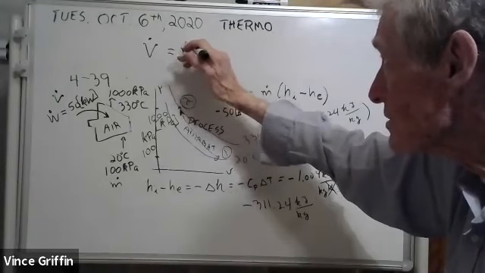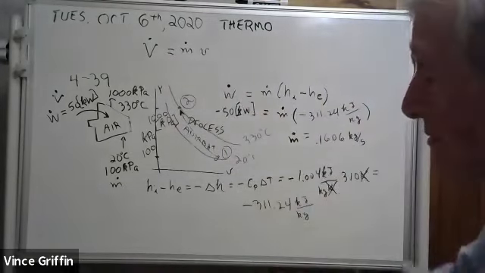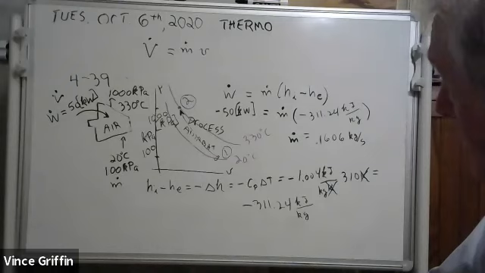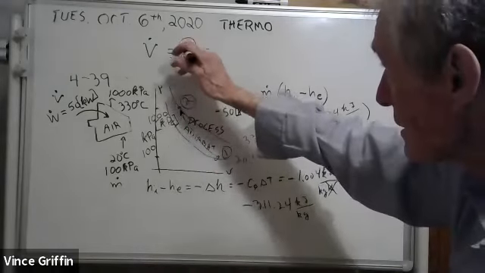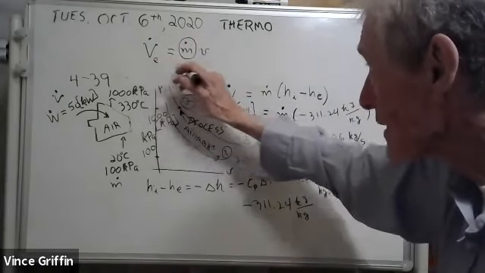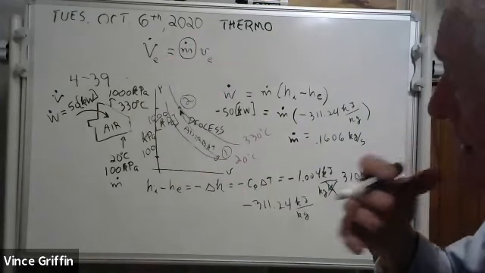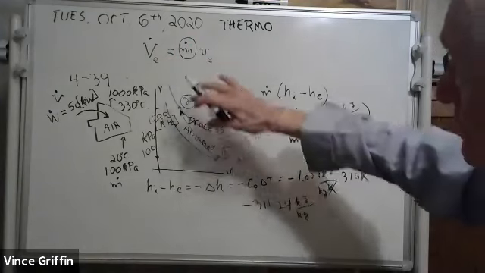And what it is m dot times little v. Well, we know m dot, we just got it. Tyler just told me what that is. Now they want the exiting volume flow rate. So we're going to have to get the exiting specific volume.